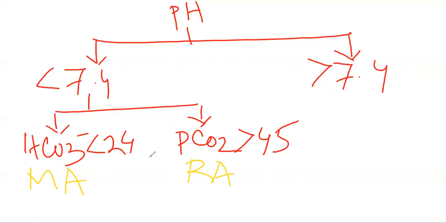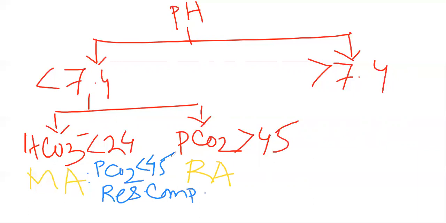Now, if you get metabolic acidosis, then you have to check the PCO2 level. If PCO2 is less than 44 or 45, that means it is respiratory compensation.